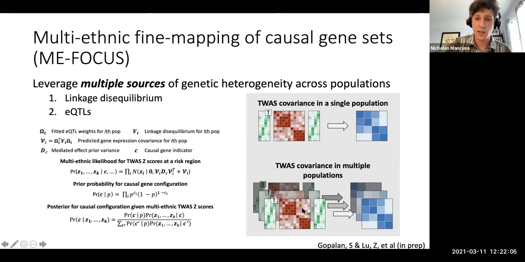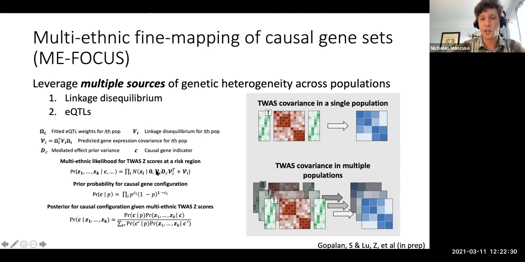We require the LD for multiple populations at any given risk region, and the corresponding TWAS Z-scores, right? Given all of those things, we can perform fine mapping under the assumption that given a causal configuration, the likelihoods are independent across populations.